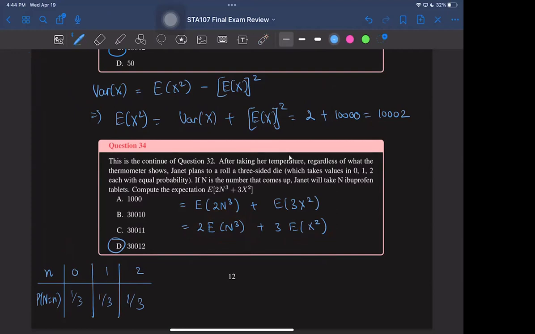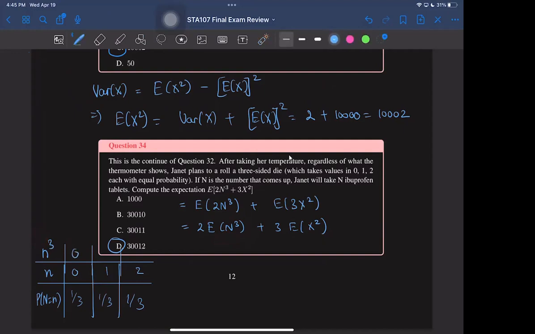So let's create a row for n cubed. So we have n cubed here. Again, it is just calculating expected value for a function of a random variable. So you create a new row for that function and calculate the value at each point of n.